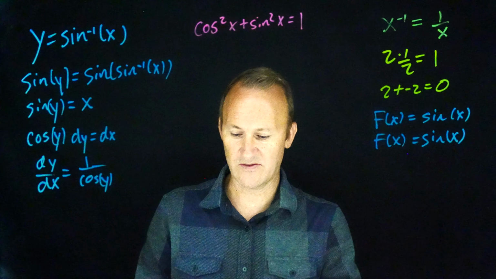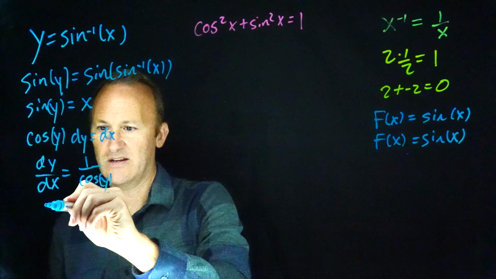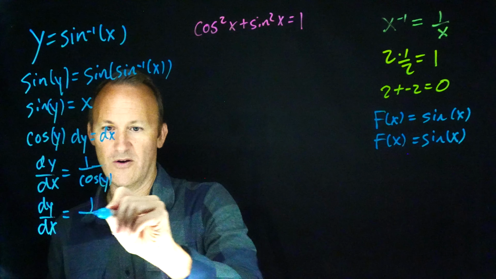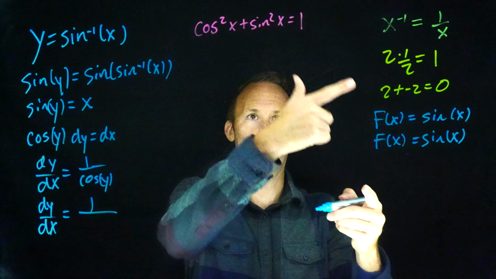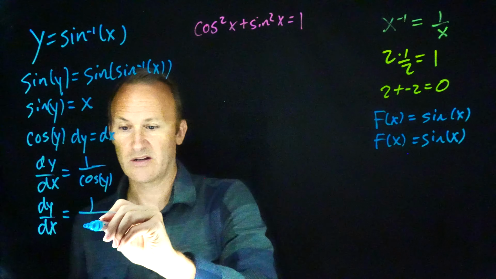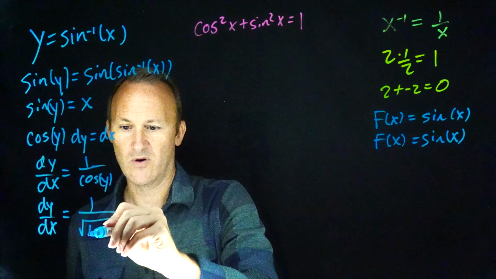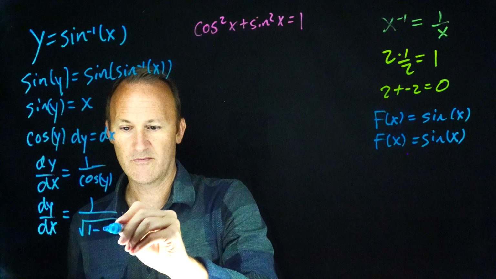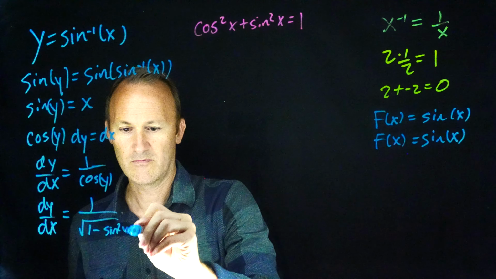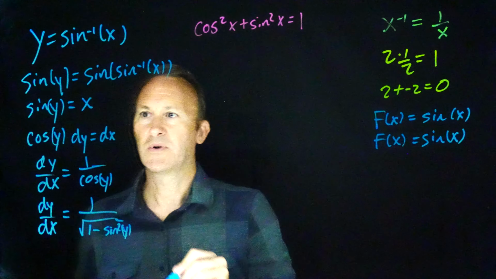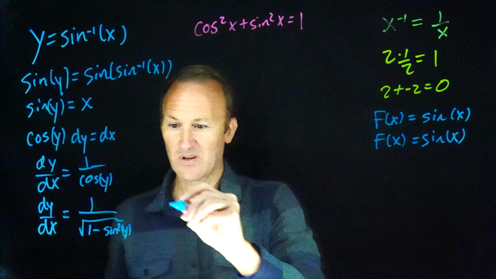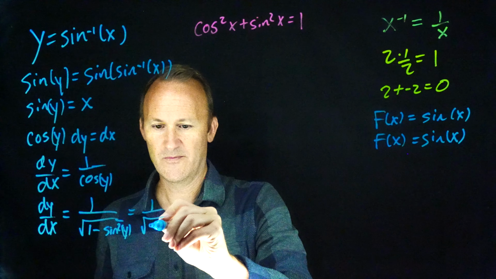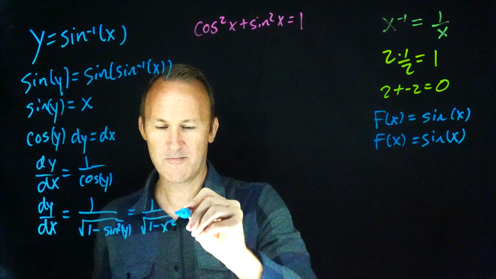So we can rewrite this as dy dx equals 1 over, so you're just solving this, right? It's the square root of 1 minus sine squared y, because we have y here. But look at this, that's x. So what we have is 1 over the square root of 1 minus x squared.